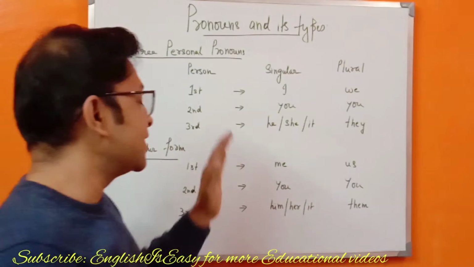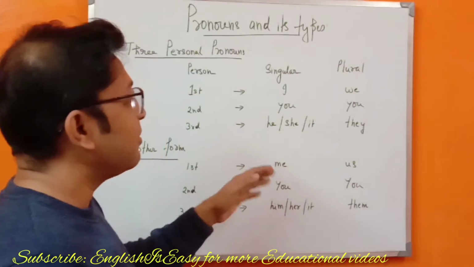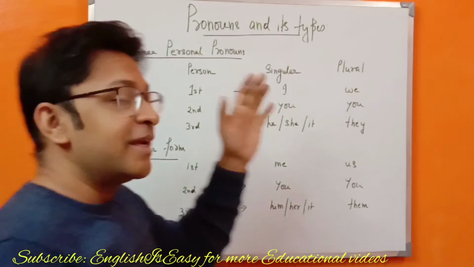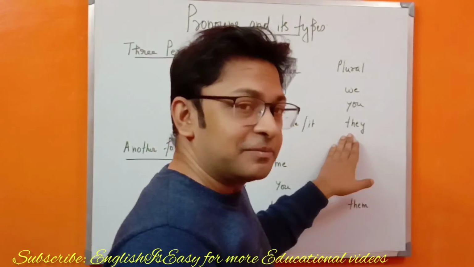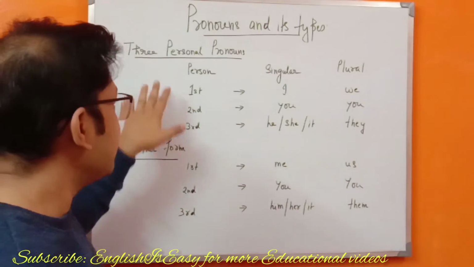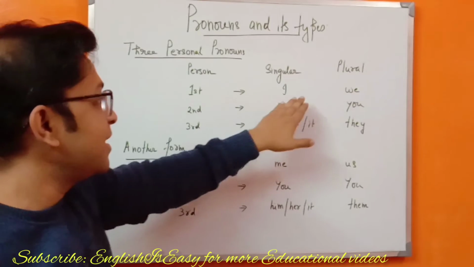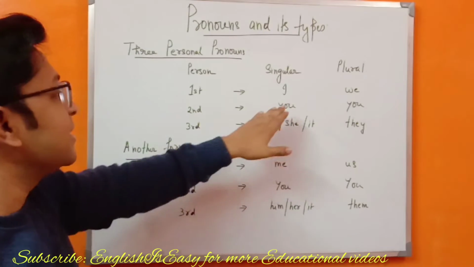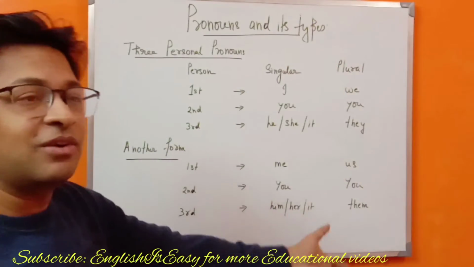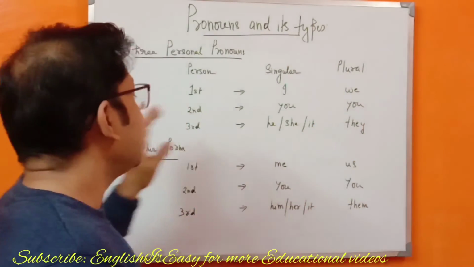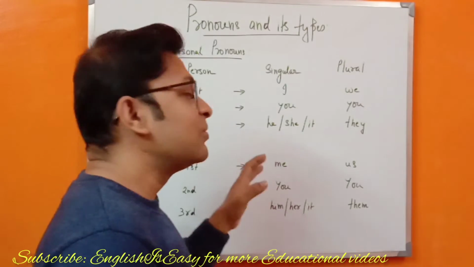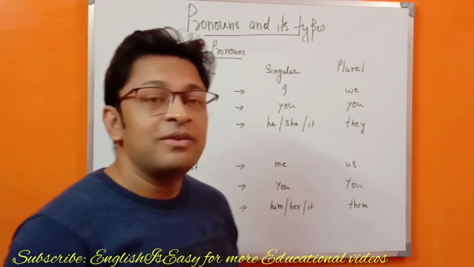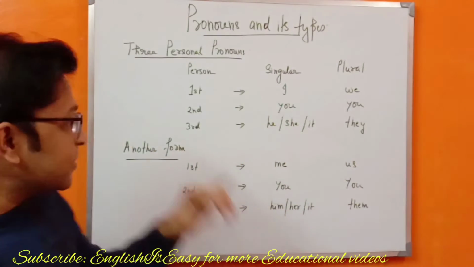In third person, we can write he or she or it, but in plural, we have to write they. So these are the three personal pronouns. In first person, these are the things which you have to remember. In second person, you is used both in singular and in plural. In third person, singular he, she or it, but in plural we have to write they.